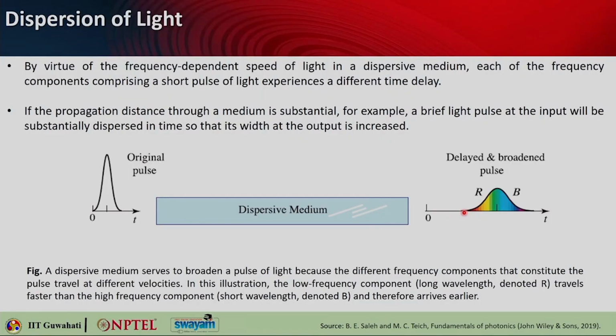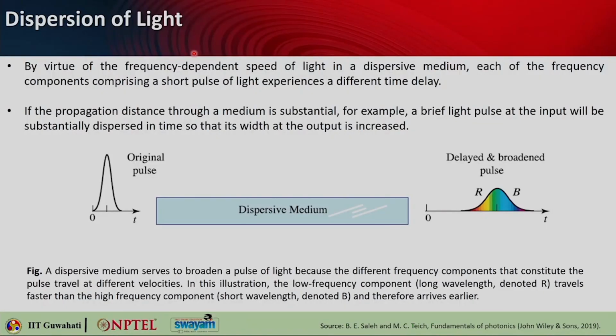So, the low frequency component travels faster, and the high frequency component, or shorter wavelength, travels slower. So, the red light will reach earlier and the blue light will reach later. So, this pulse will actually get broadened. The pulse gets delayed and broadened due to this dispersion effect.